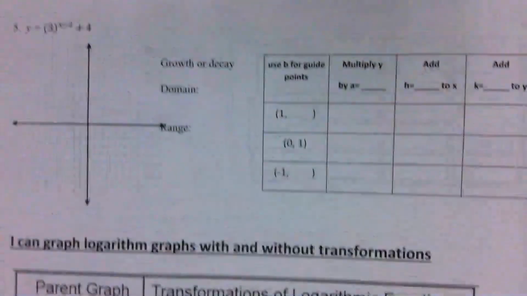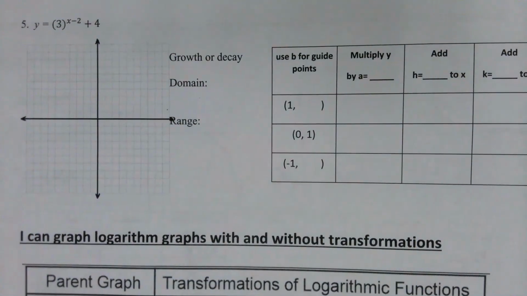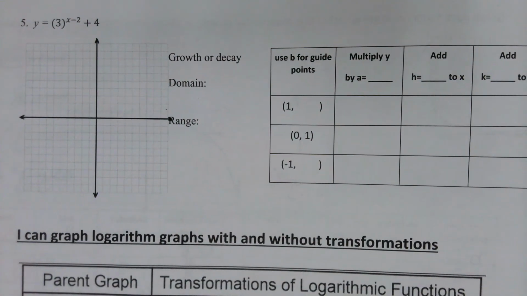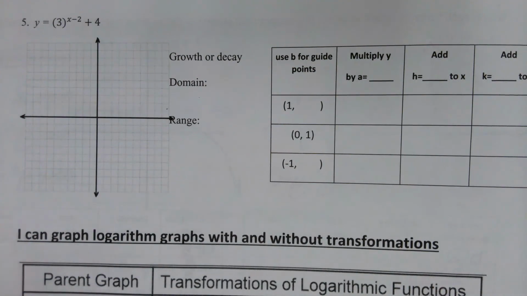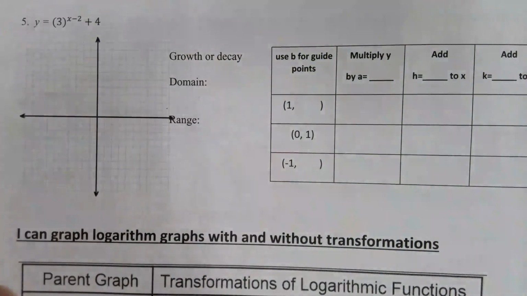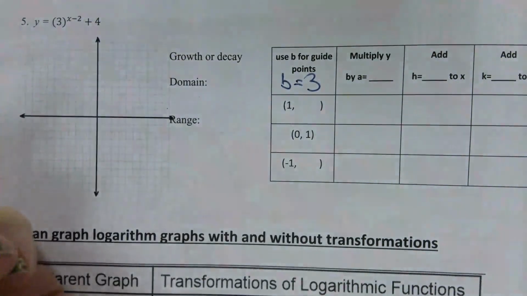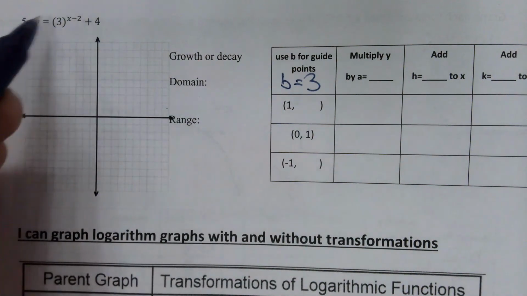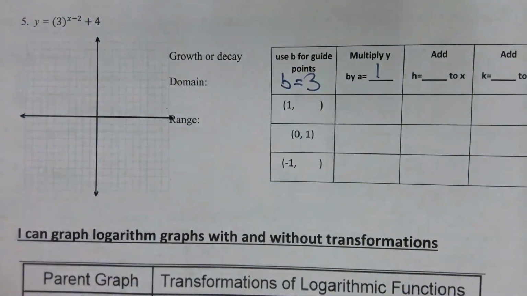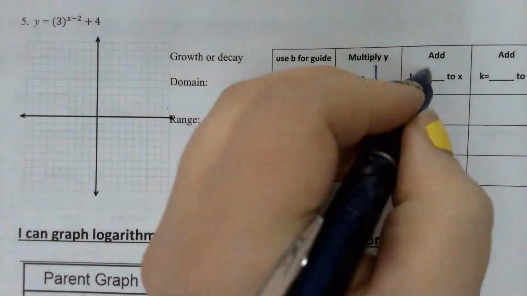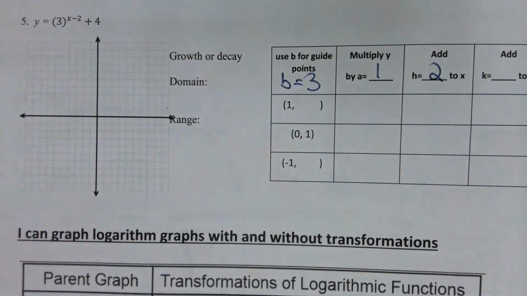I believe we have one more example. Listing out our B, A, H, and K. B is 3. This time my A value, there isn't one listed, so it's just 1. H is positive 2, and K is 4.